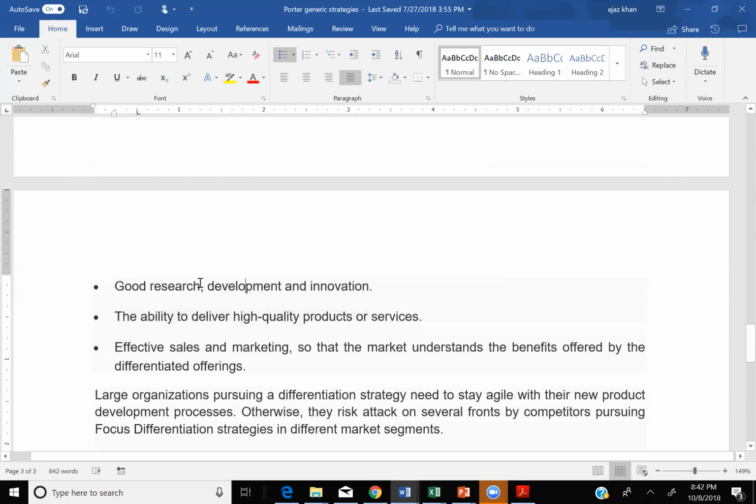If you want to offer unique features to your customers so that you can charge high prices, you will have to spend a lot on research and development. Because this is the only way you can come up with unique and innovative features.